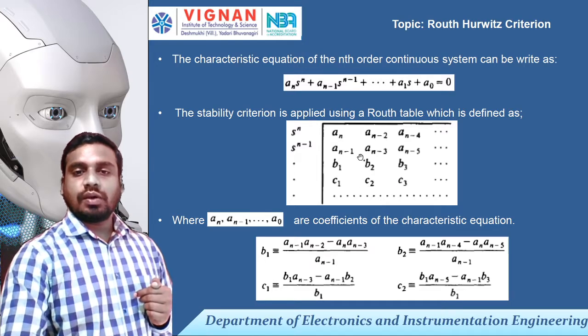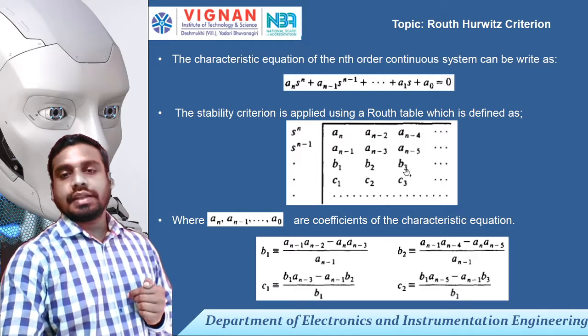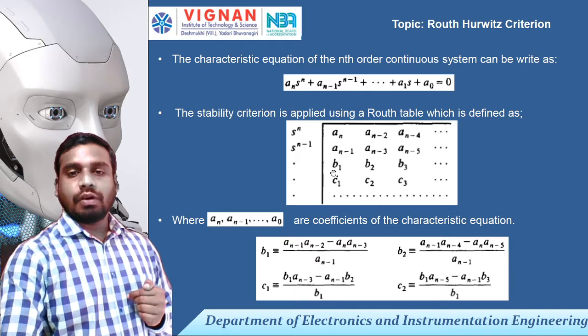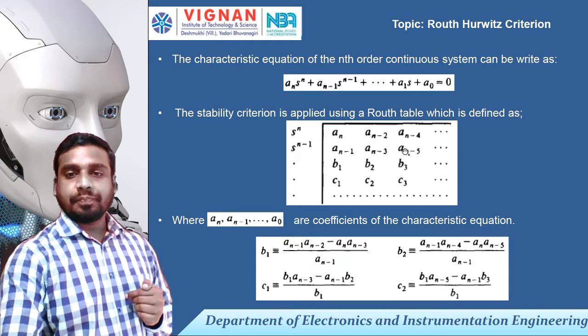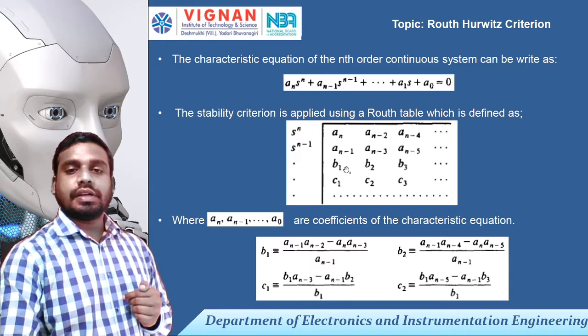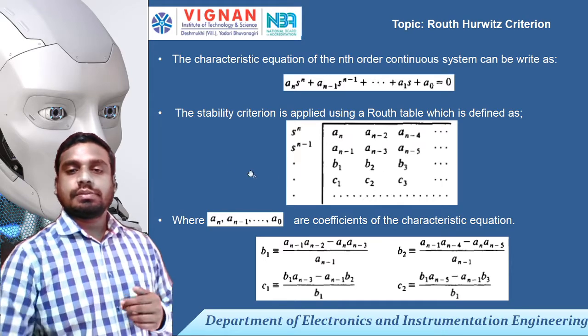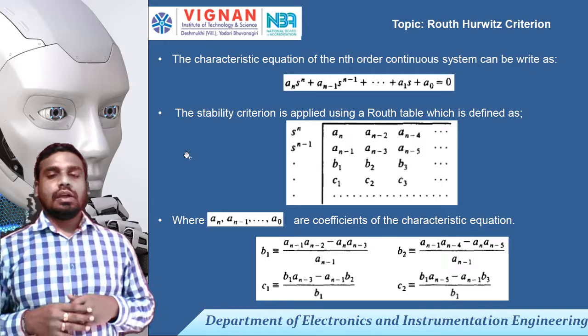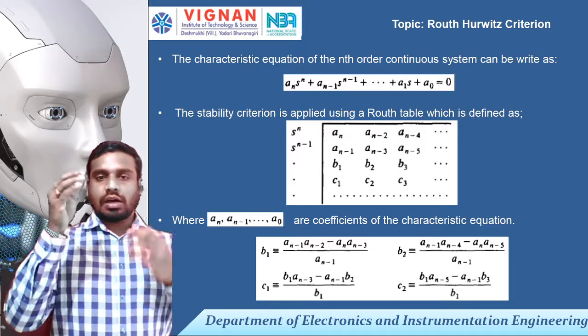Similarly, for C2, you have to eliminate this column and take the next column, that is B1 into an minus 5 minus B3 into an minus 1, divided by B1. Similarly, and so on. Right? Hope it was clear how to arrange the table.